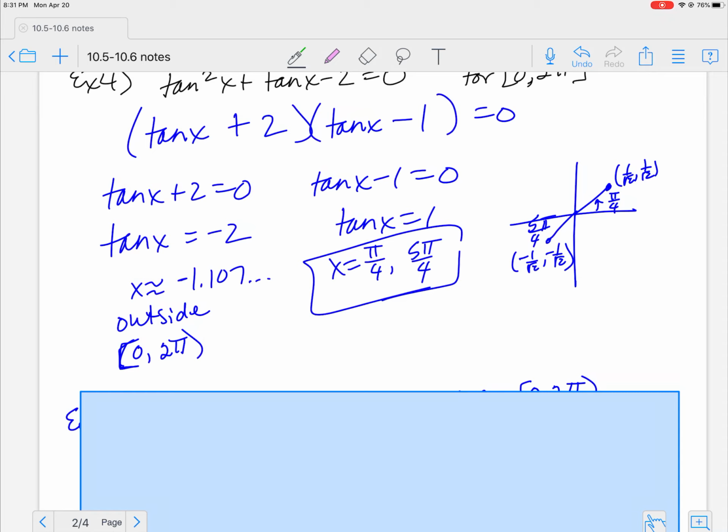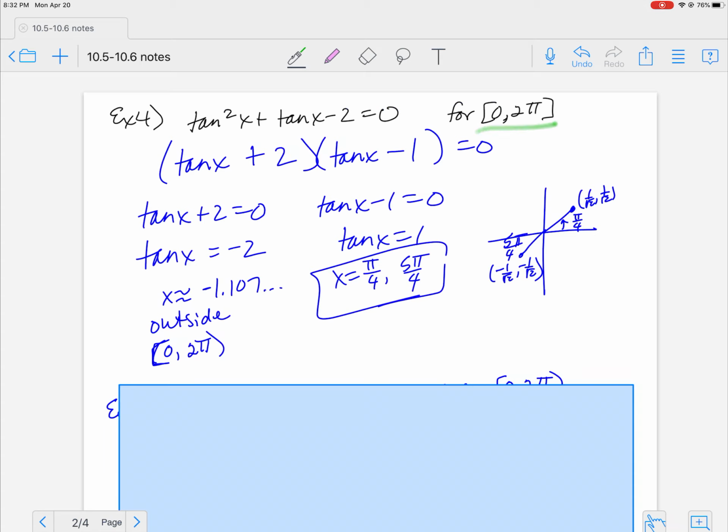That is outside of my 0 to 2 pi situation that I'm going for with these values. Here, tangent of x is equal to 1, so I'm still good to go because it's exactly what we saw last time, pi over 4 and 5 pi over 4, because I'm going between 0 and 2 pi here.